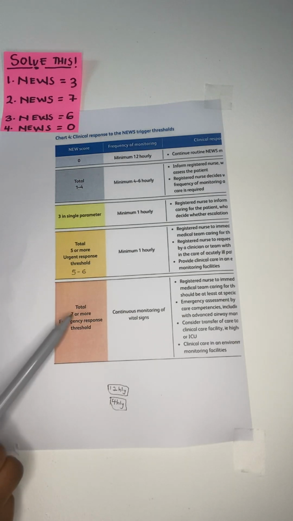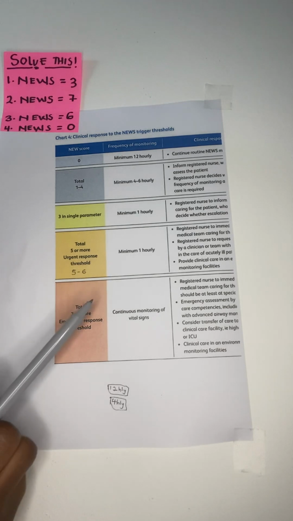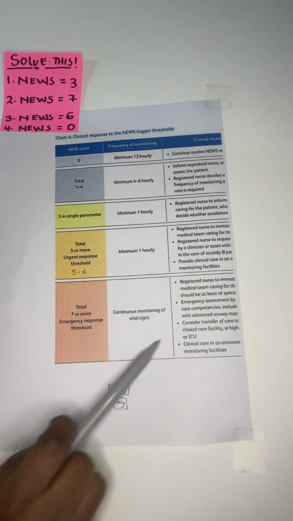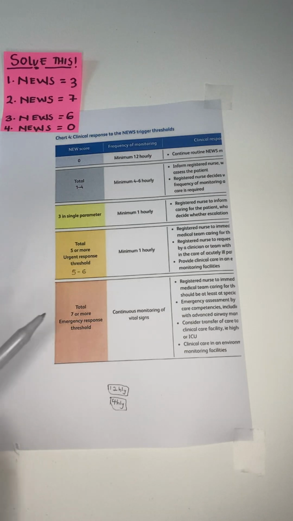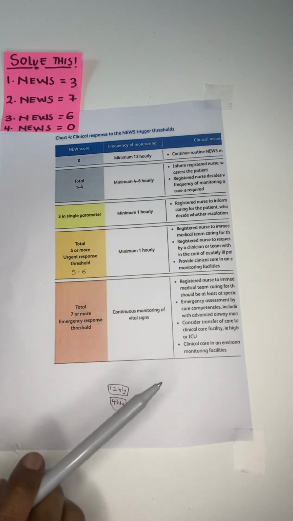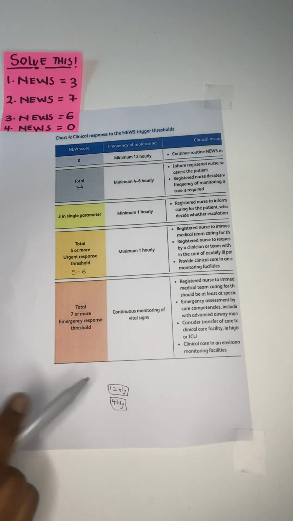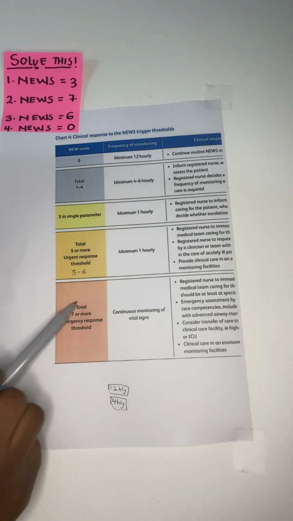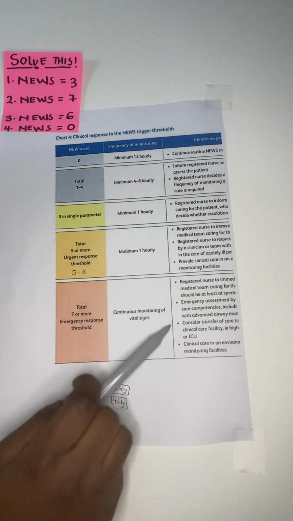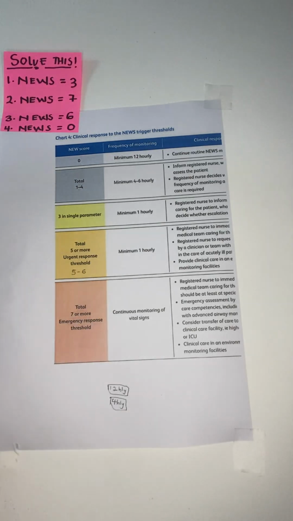However, as soon as the patient's total NEWS score hits 7 or more, the monitoring is continuous. If you're on the ward, you will definitely put a cardiac monitor by the patient so that the vital signs will be recorded continuously. So for a total NEWS score of 7 and above, you will monitor the patient continuously.